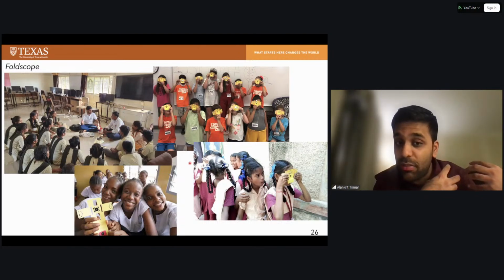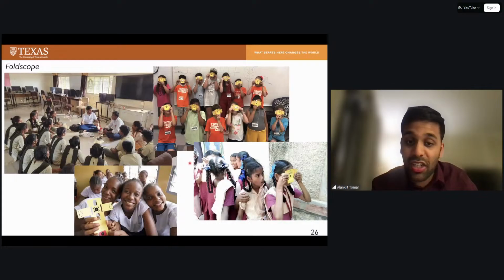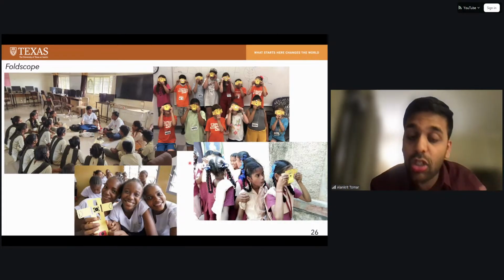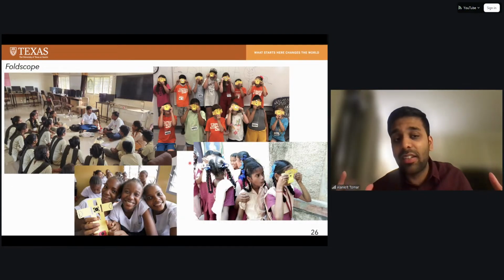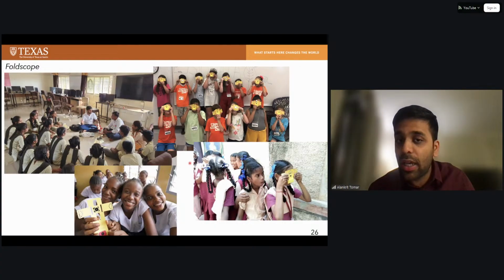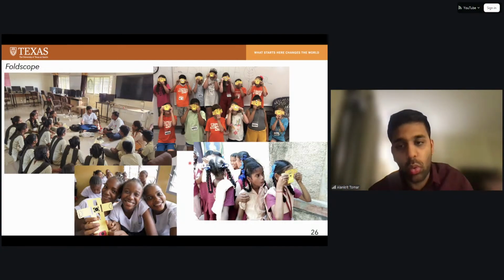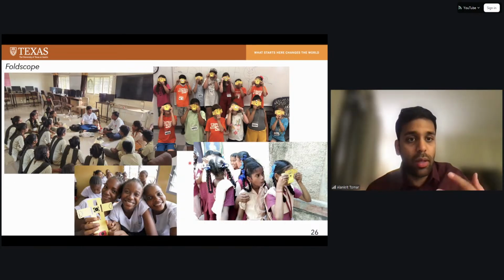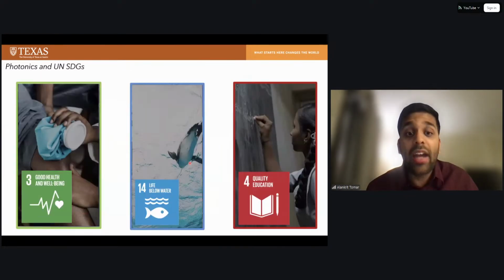Foldscope is accessible to large communities, irrespective of the financial resources that they come from. And I think this is a really inspiring moment, and should encourage all of us to start to think about what we can do about the problems which we see around us, and which are also related to the UN SDGs.